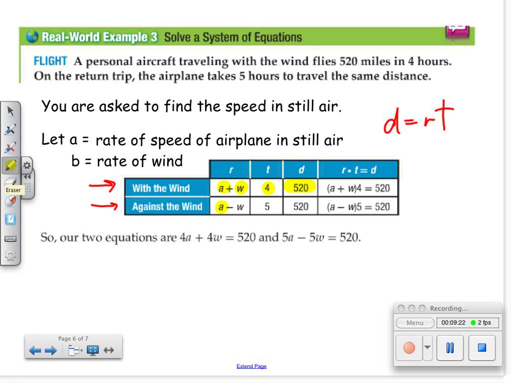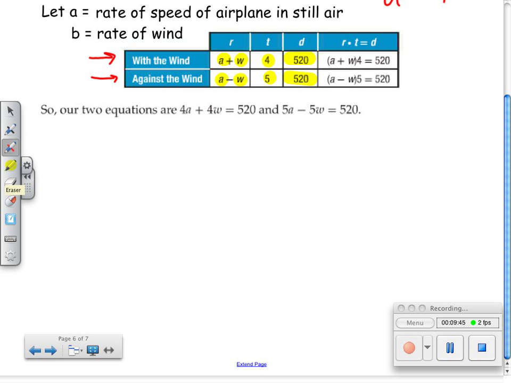And then we'll look at the next one. Let's write our other equation against the wind. So we'll have the rate of speed of the airplane, but we're going to have to subtract the wind speed because it's working against us, and that takes us 5 hours to go the same distance. So that equation will be A minus W times 5 equals 520.